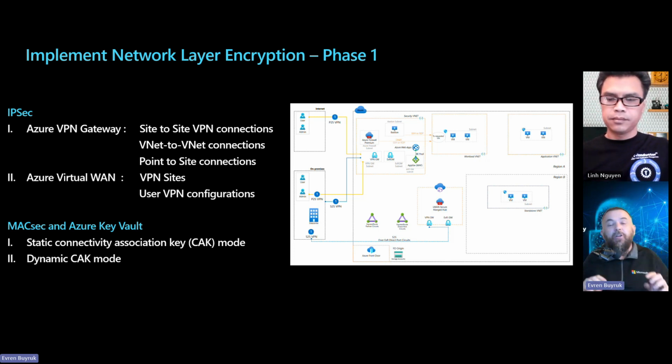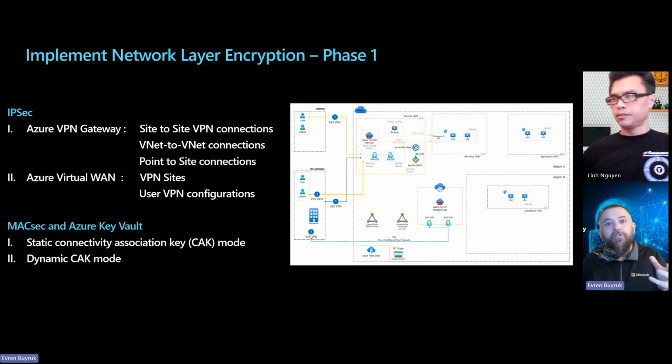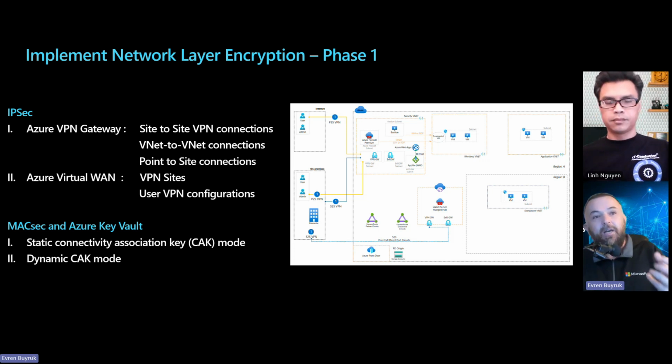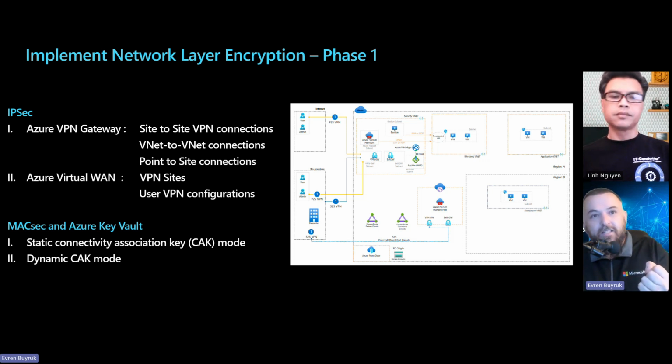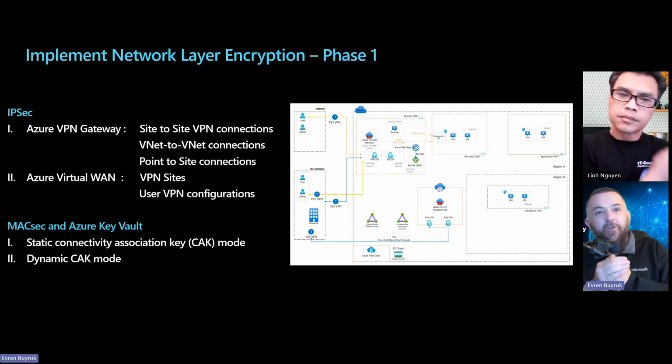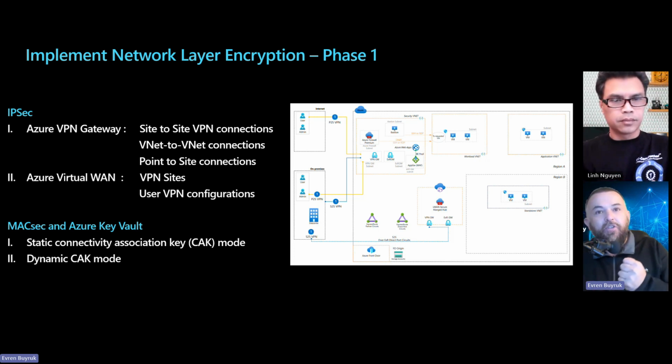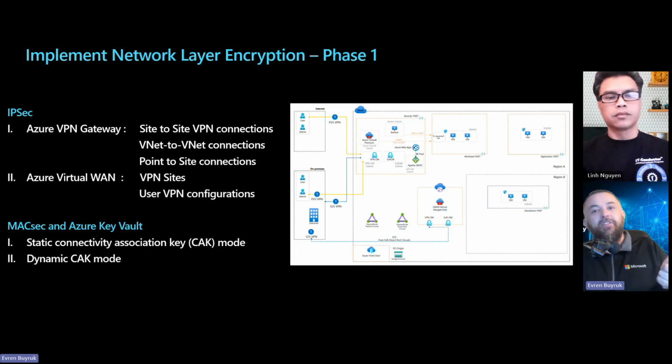It is the Internet Protocol. So what IP security is doing for the IP protocol is that it authenticates and encrypts the network packets using a set of encryption algorithms.